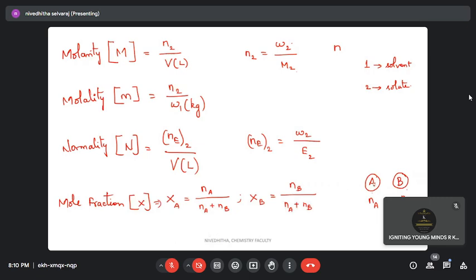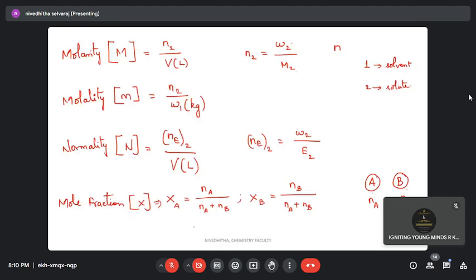So if the solution contains 2 components, I can write mole fraction for both components. And if I add both mole fractions, what do we get? Just calculate and tell me. It equals 1. Very good.